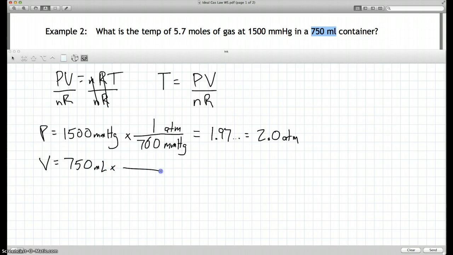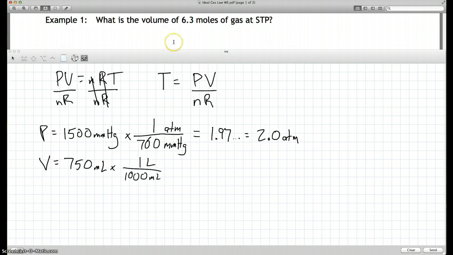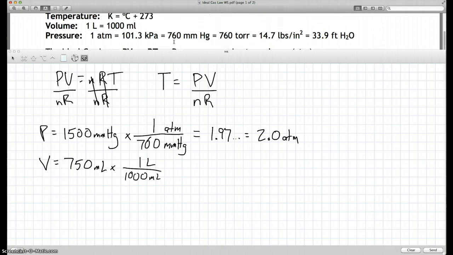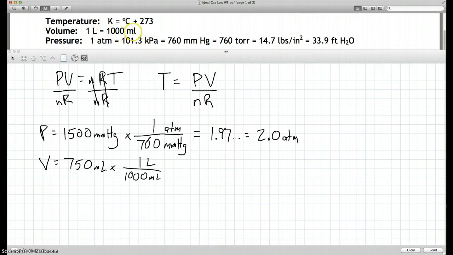Or you could do a conversion, just like we did with the pressure. And I gave you the conversion up at the top here. 1 liter equals 1,000 milliliters. So that's what I used here. And that gives me 0.75 liters.